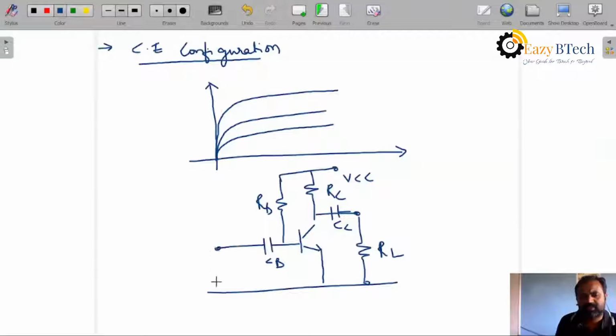This is an amplifier circuit. You can apply input across here.